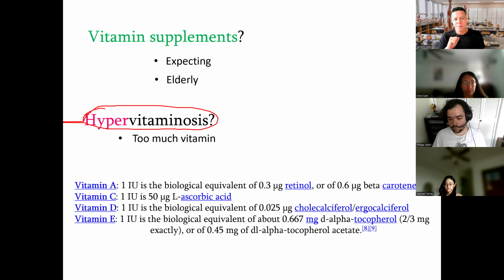If my bottle of vitamin says that I should take one pill a day because that is good for me, I'm going to take 10 pills a day, which is going to be 10 times better for me. Does that make sense? Is that a correlation there? No, it does not. Okay? In fact, taking too much vitamin is actually detrimental for your health. Not only are you going to be wasting your money because you're going to be taking more than you require, but it also can be detrimental for your health.